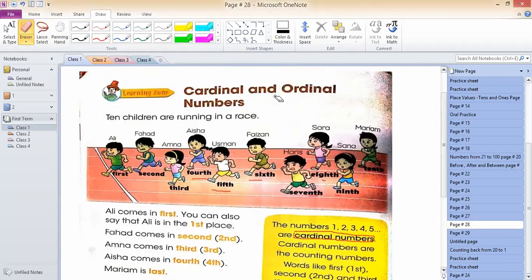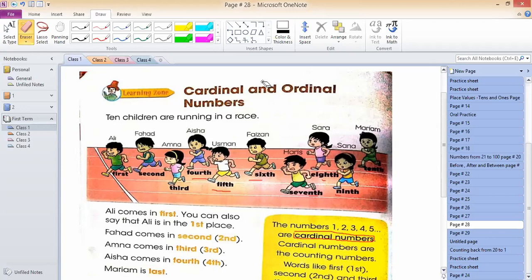I give you one more example for ordinal numbers, guys. Mostly we see there are flats, apartments, and they have different floors, right? Ground floor, first floor, second floor, third floor. No one will say that I am on 3 floor, I am on 4 floor, I am on 5 floor. If you live on the 4th floor, you will say I live on the 4th floor.